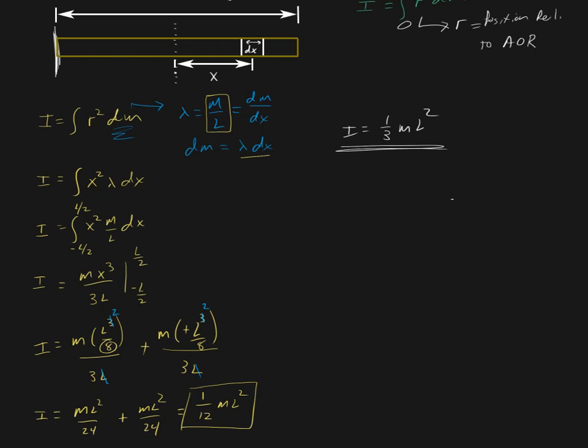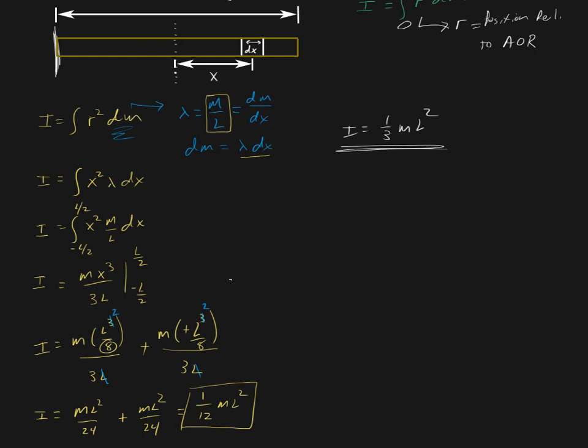Now, what's particularly cool about doing this with the calculus method is that you don't have to use the parallel axis theorem to determine your moment of inertia. Now, don't get me wrong, the parallel axis theorem is usually far easier if you already know what the moment of inertia through the center of mass is going to be. And we'll get to that in another video.